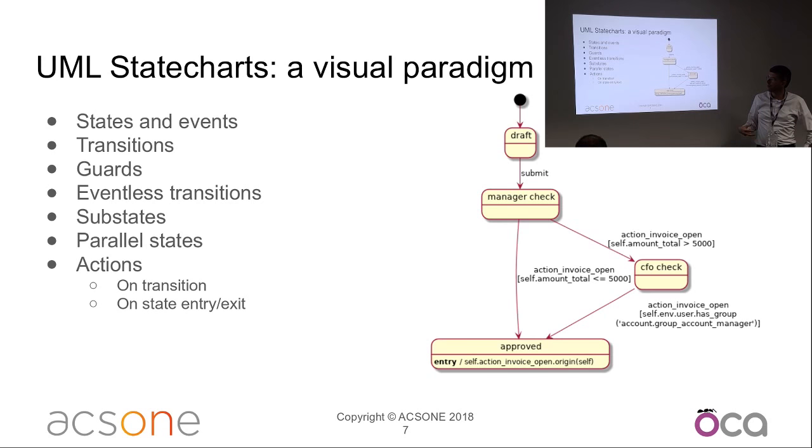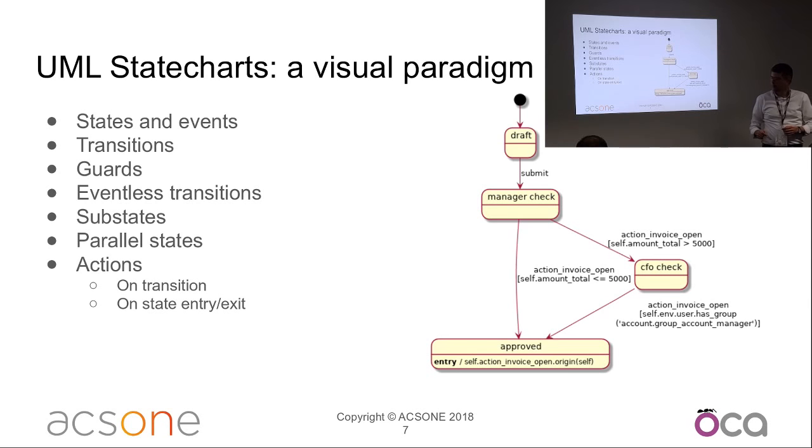And there are also concepts of parallel states, so you can implement kind of lanes or substates. So you can do parallel approval things. And all those are standard concepts in the UML modeling language. So we did not invent anything here. All that is standard.